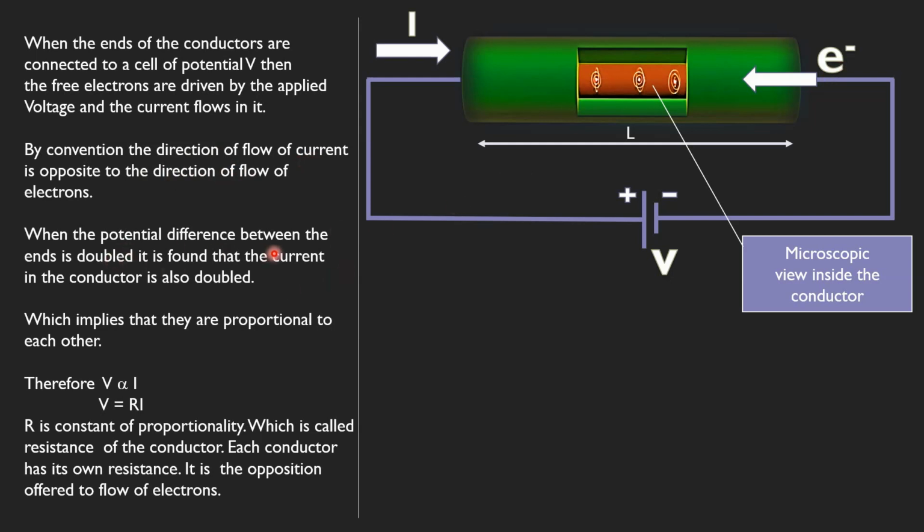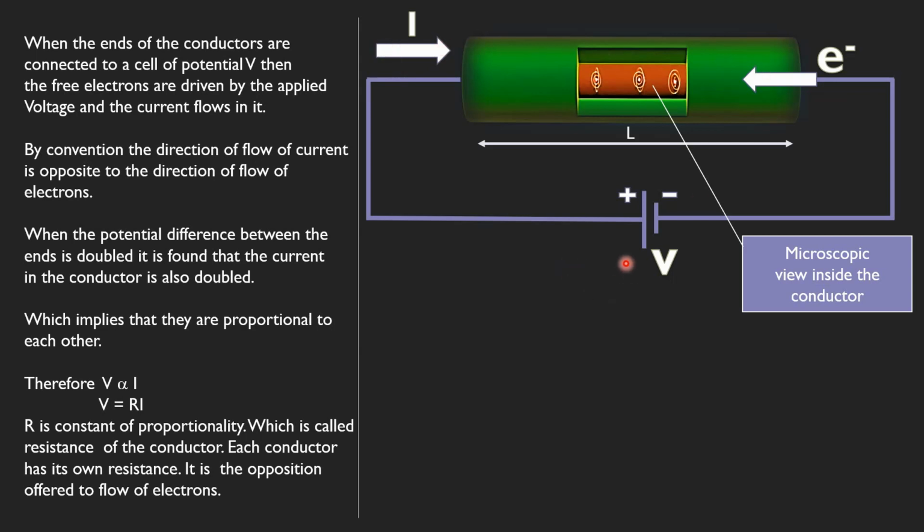When the potential difference between the ends is doubled, what happens inside the conductor? For example, initially there is 5 volt and a current of 2 ampere is flowing.